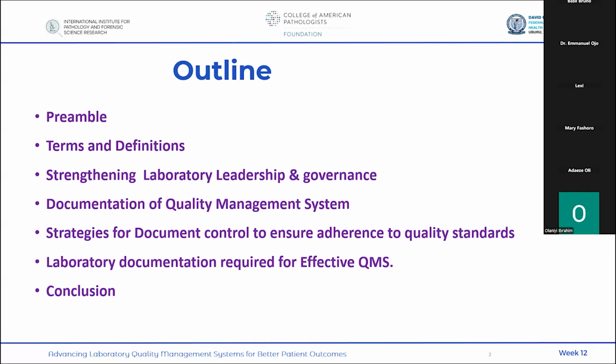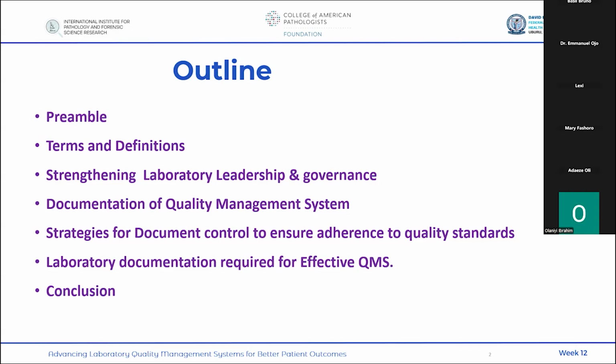Of course, as we go on, we'll have some terms and definitions, just for all of us to be on the same page concerning what leadership is all about and what governance is all about. Then we'll look at the concept of strengthening lab leadership. What are the things that will help us to achieve that?